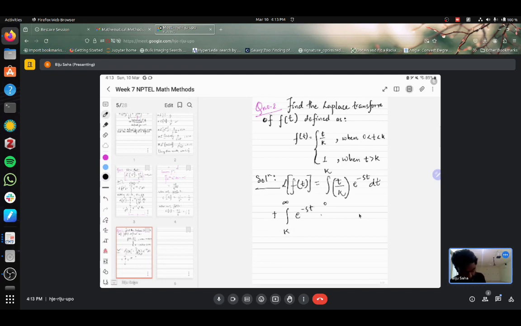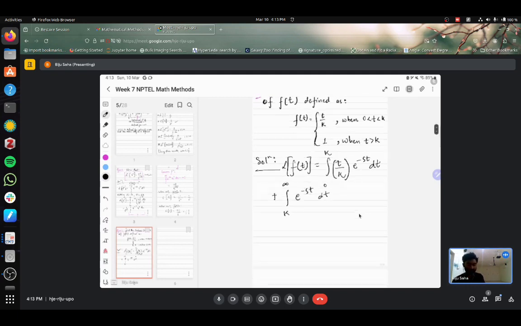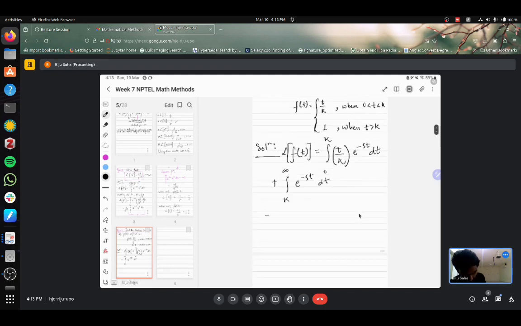So this is what the integration is. So from the first integral, what you have is the integral from 0 to k of t.